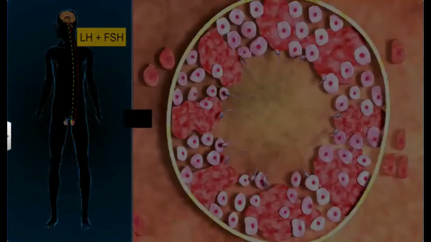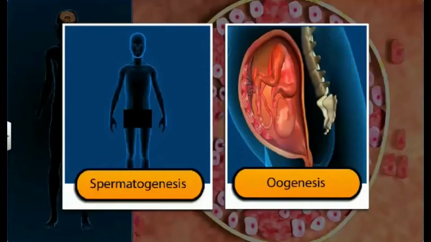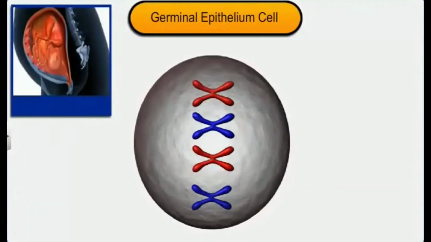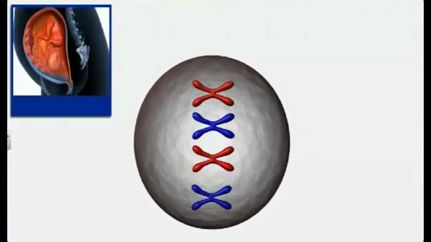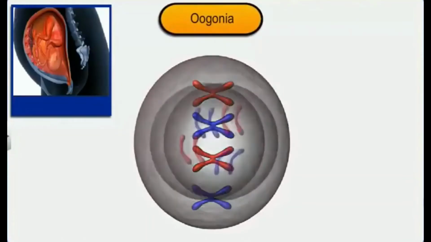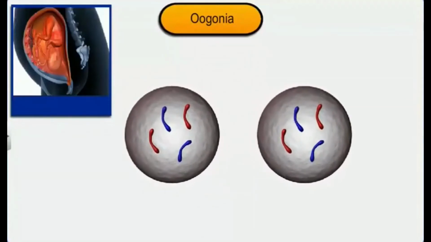While spermatogenesis occurs at puberty, oogenesis is triggered before a woman's birth. When the germinal epithelial cells in the ovary of the fetus divide mitotically to form gamete mother cells called oogonia. A few oogonia divide again to form mature cells called primary oocytes.